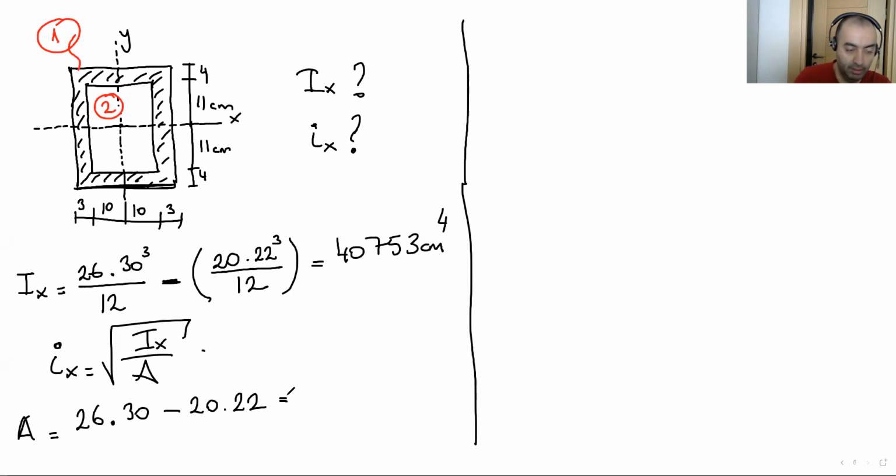Let me calculate it. Here minus, 340 centimeter square.